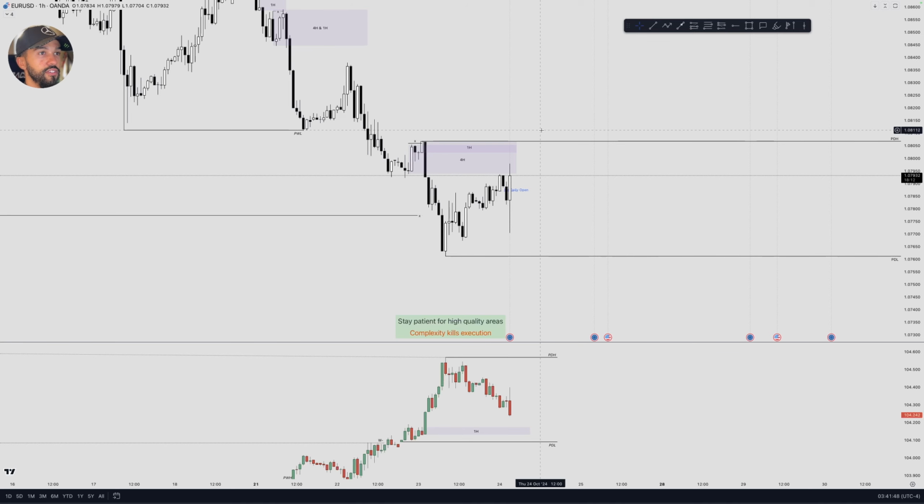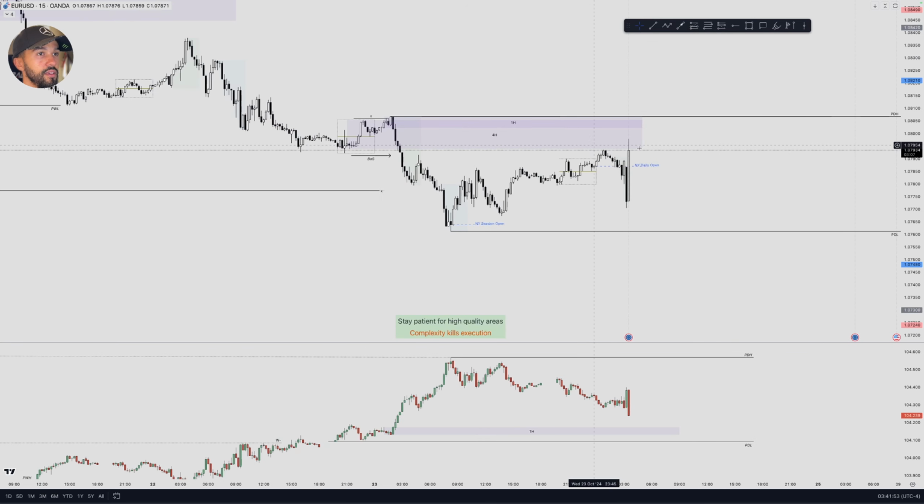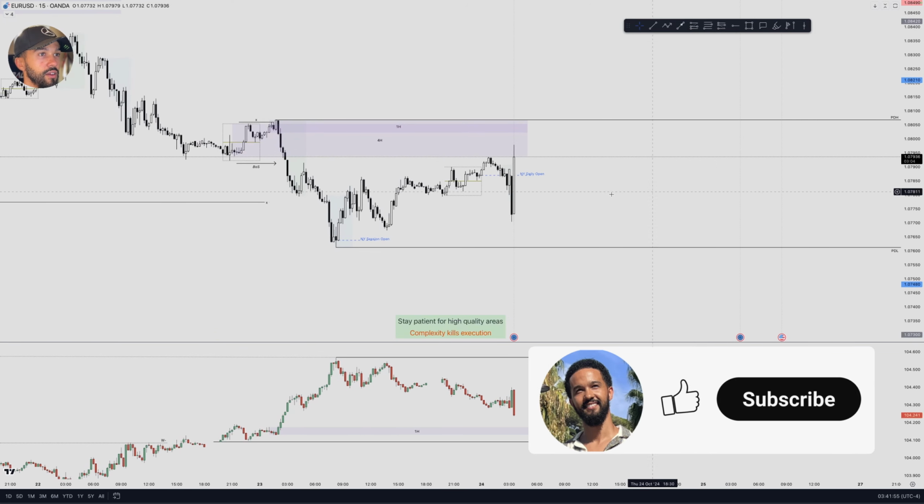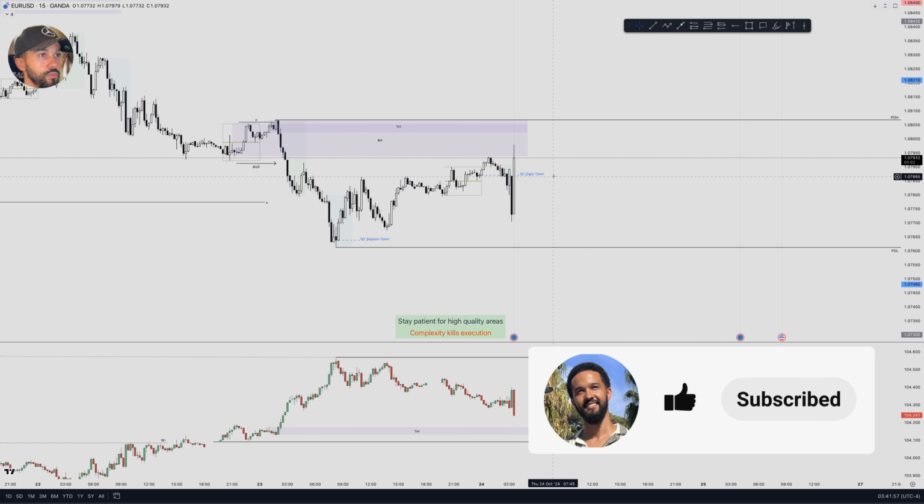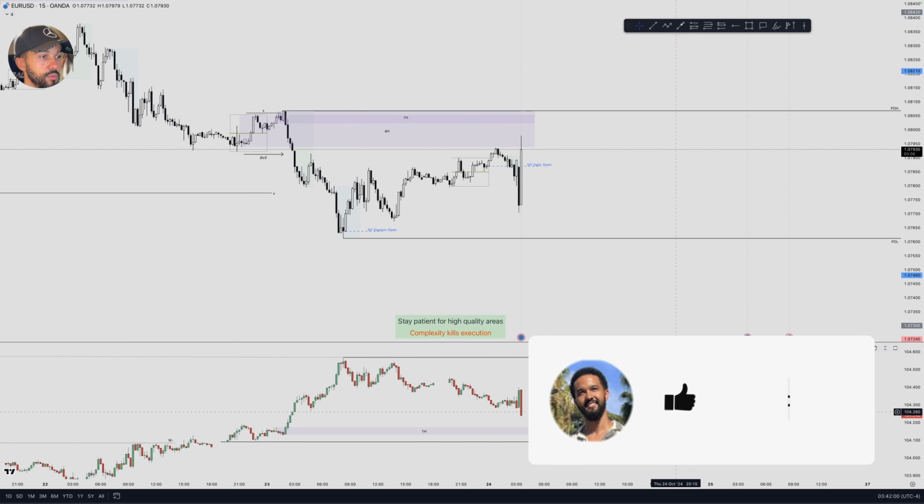So let's go down to the M15 and draw this out. Preferably what I want to see here on the M15 now, because we've had such big wicks from the news, right? It's not going to be easy to break this structure.